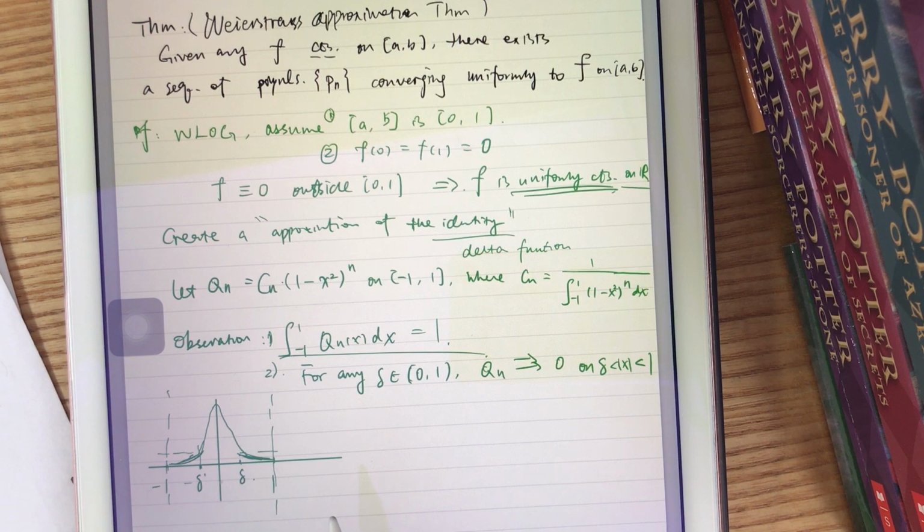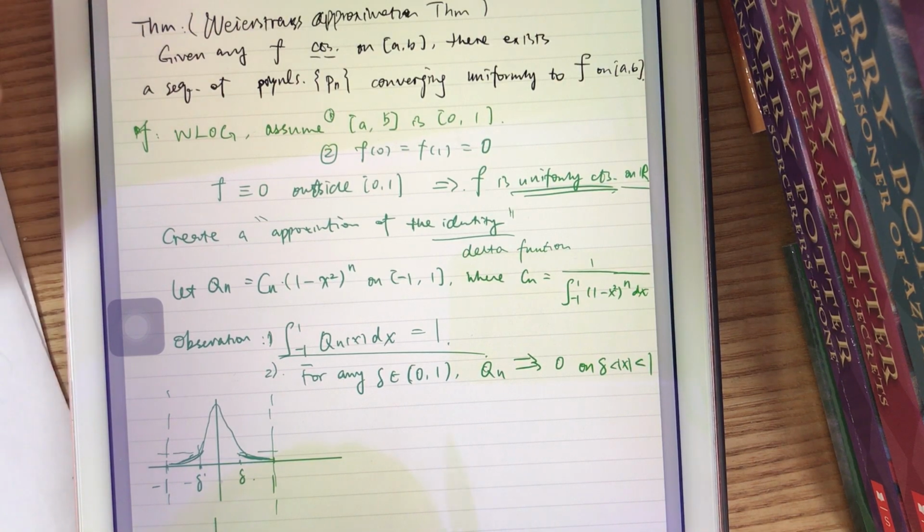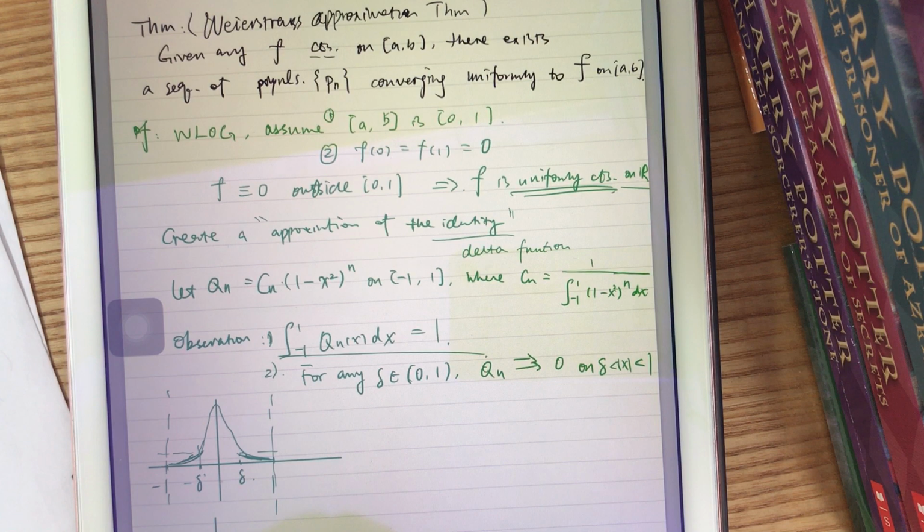And up to now, you can already see that we are trying to approximate the delta function, because what's the delta function? The delta function is 0 almost everywhere, except for the origin 0.